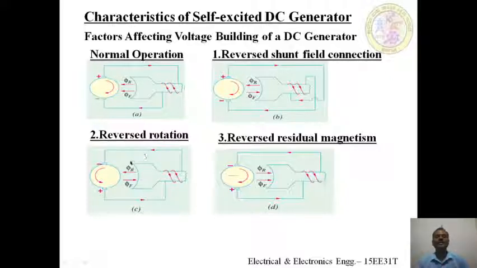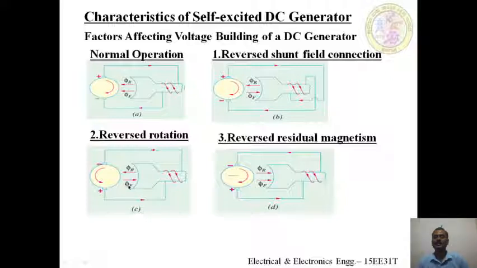In the next case, that is, if the rotation is reversed. If the generator rotation is reversed, again it builds down from the initial induced EMF due to the residual flux. That is, induced EMF reverses and that circulates the reversed field current.